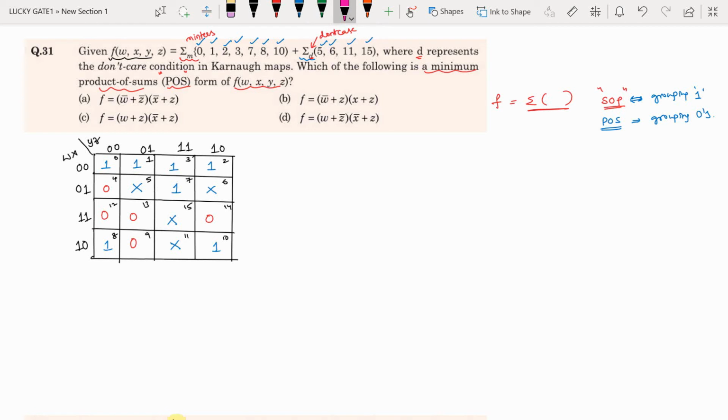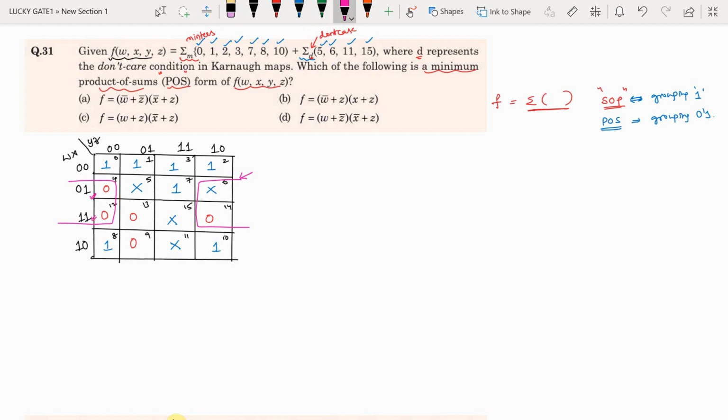Now look, these two zeros are adjacent to this 0 and 1 don't care, and the don't cares are common for SOP form and POS form. These 4 cells, which form a quad, that quad is representing a POS term, meaning a sum term. How do you get that sum term? Look, this quad is covering this minterm and this minterm.